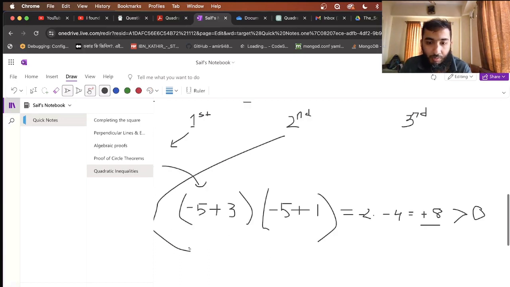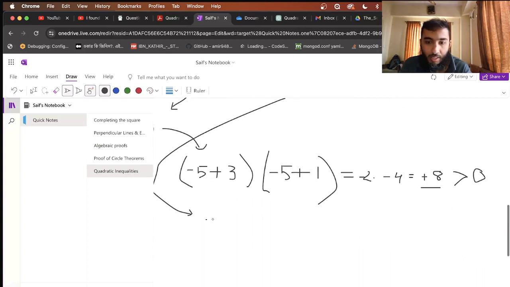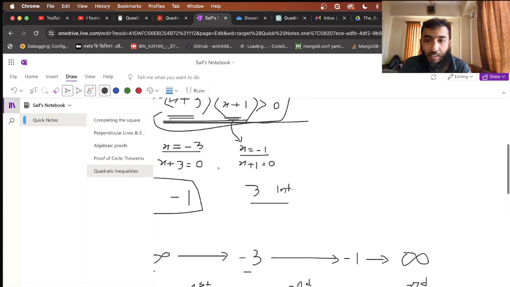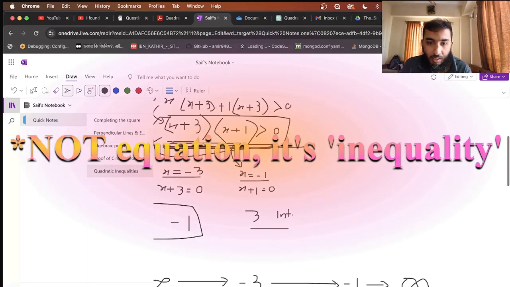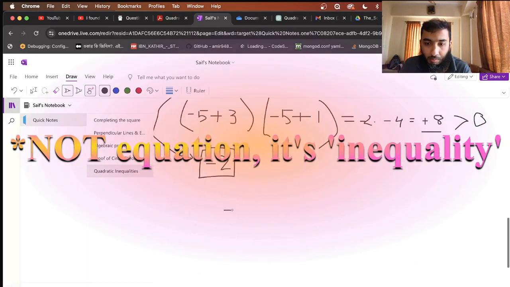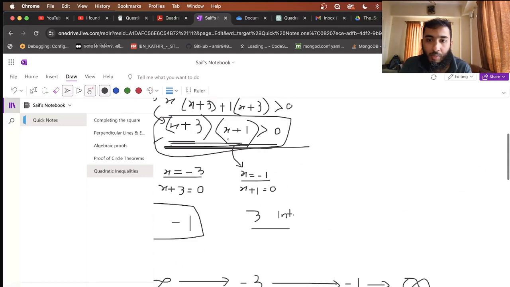Let's take one value from the second, let's say what is between minus 3 and minus 1? Let's say minus 2. So if we use the value of minus 2 in this whole equation, what will be the result? Minus 2 plus 3 multiplied by minus 2 plus 1.